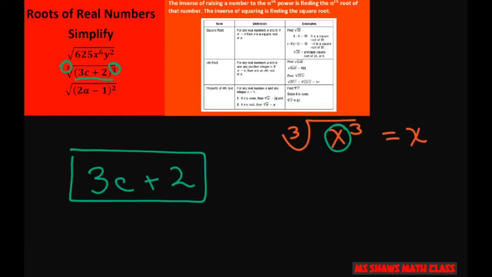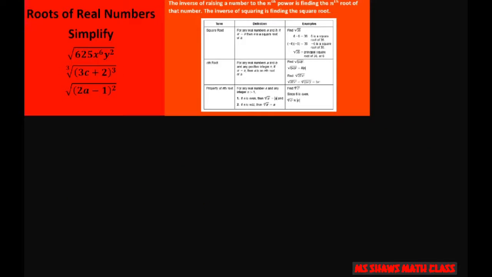Now this last one, we do the same thing, square root of x squared, and it's right in here. If it's even, this is just going to be x to the first power, so you have to put absolute value on it. Our x happens to be this, so just write that down.